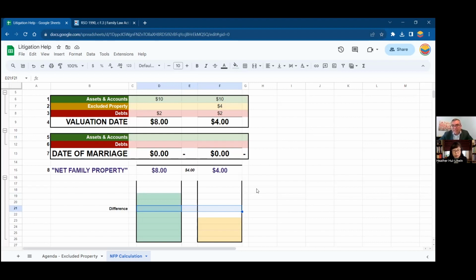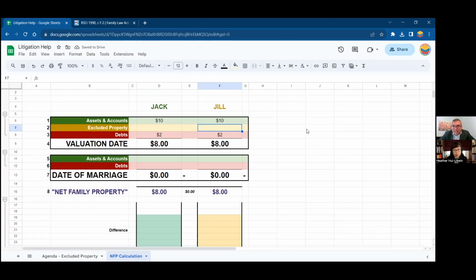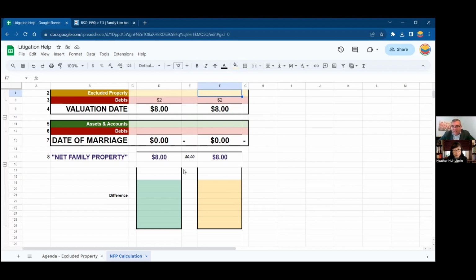What's cool about this little calculator is that I can change the numbers and show you, importantly, that if Jill is not able to exclude her property, she's at 8 also, just like Jack in this scenario, and there's no payment because there's no difference.